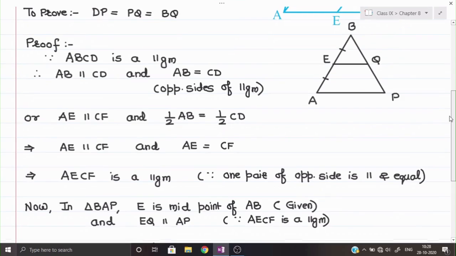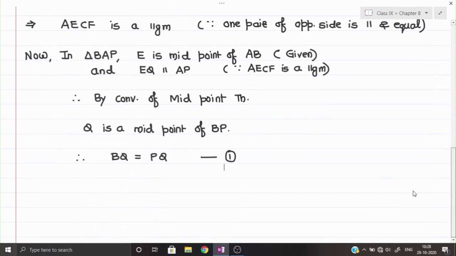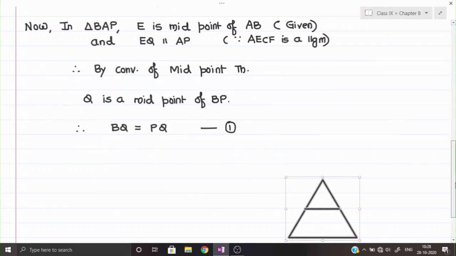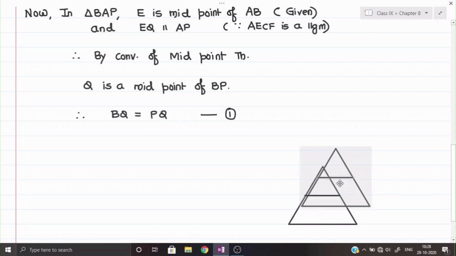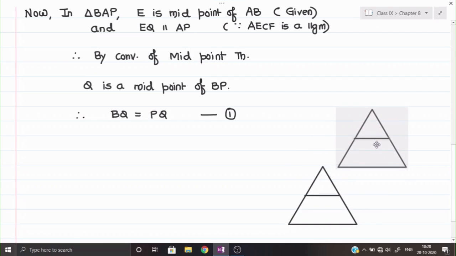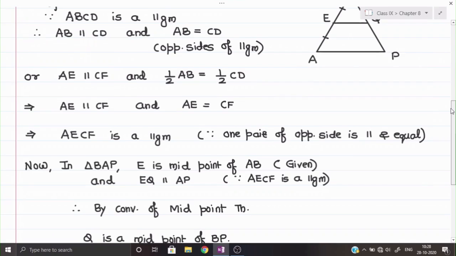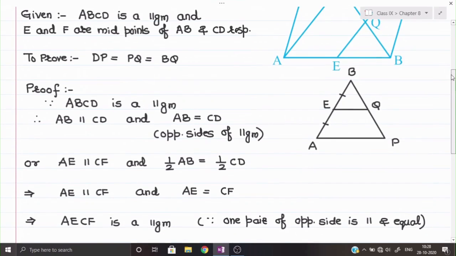Now once again I am taking one more triangle, and in that I will apply the converse of midpoint theorem. So see, one triangle I have taken here now. Now this triangle I am placing here, and once again I will take one more triangle. Now look at the main figure, from that which triangle I am taking.